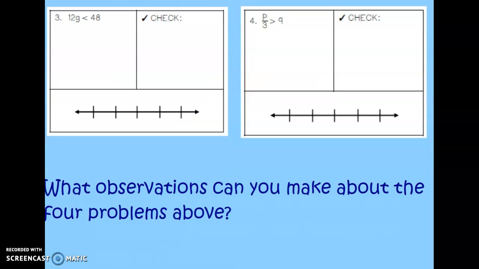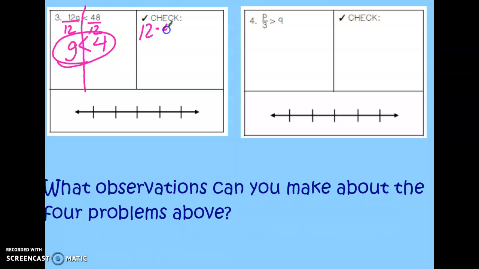12g is less than 48. Go ahead and draw my line. Divide both sides by 12. That leaves me g is less than 4. Again, this is what I'll graph, and I'm going to check my work. 12 times 4 gives me 48.